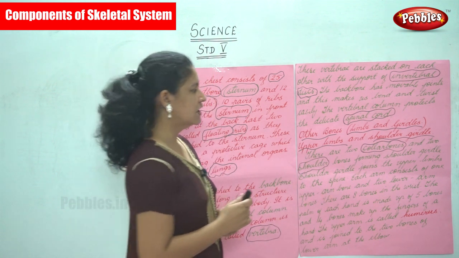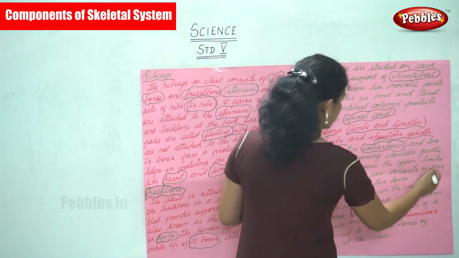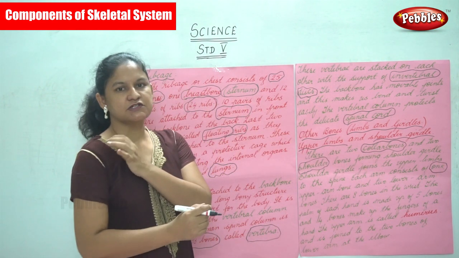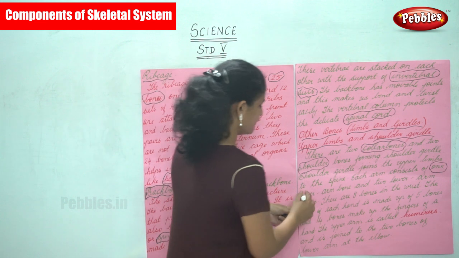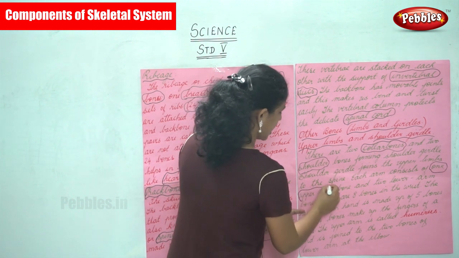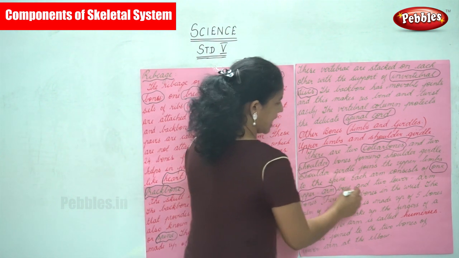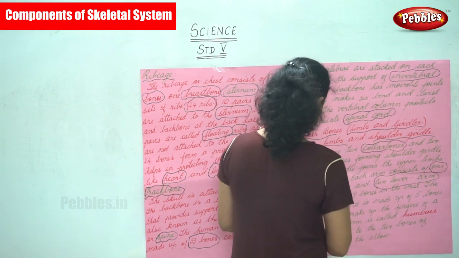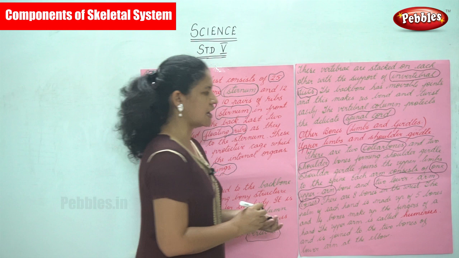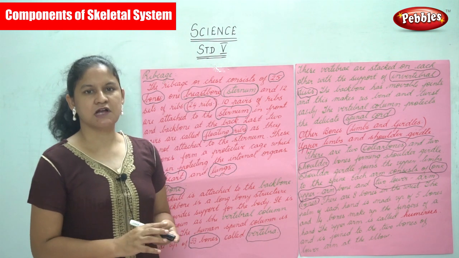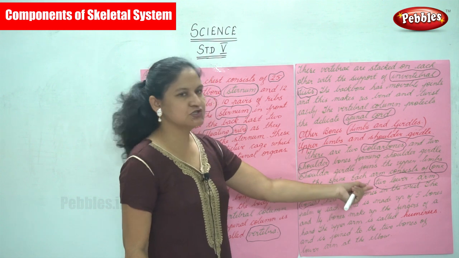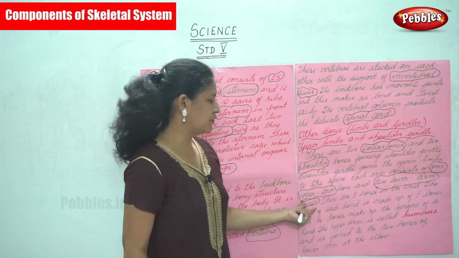Each arm consists of 1 upper arm bone and 2 lower arm bones. Talking about the arm, we see that each arm consists of 1 upper arm bone and 2 lower arm bones.